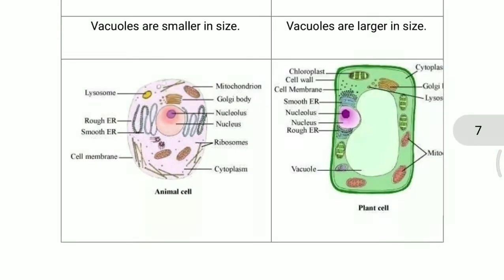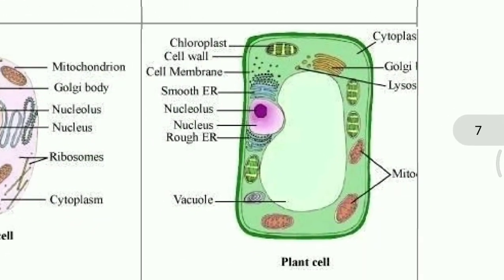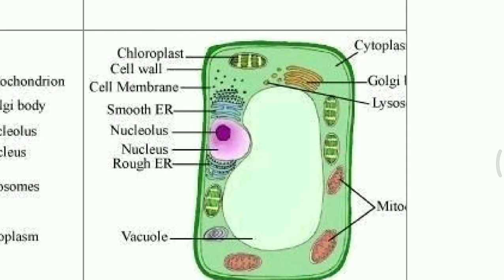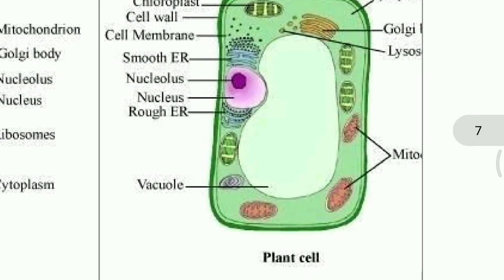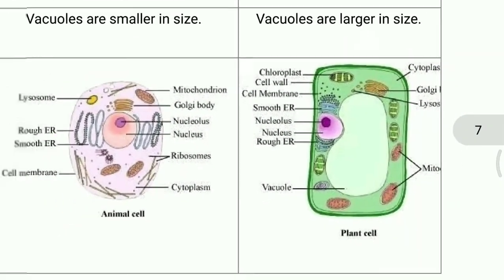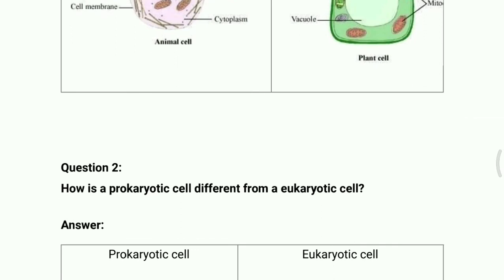And here also the plant diagram: cytoplasm, Golgi apparatus, lysosomes, mitochondria, vacuoles. Okay, so you learn it. So we go further.